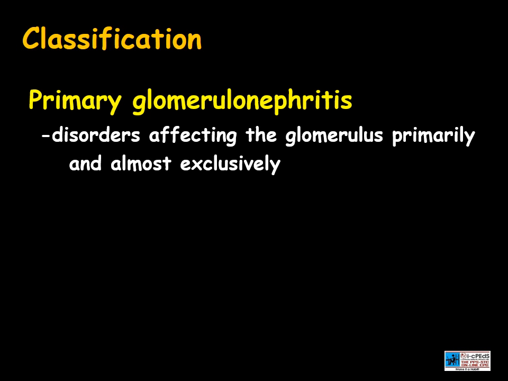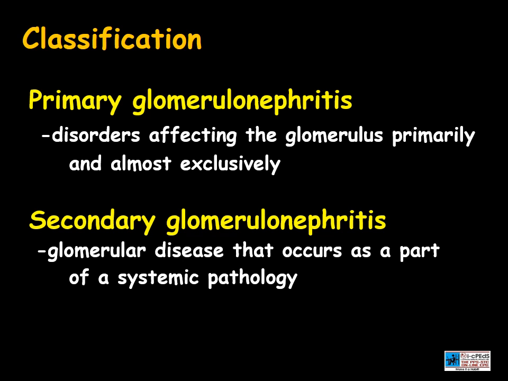Another way of classifying glomerulonephritis is based on the manner to which the glomerulus is affected. If the glomerulus is primarily and almost exclusively affected, it is termed primary glomerulonephritis. While if it is part of a systemic pathology, it is classified as secondary glomerulonephritis.